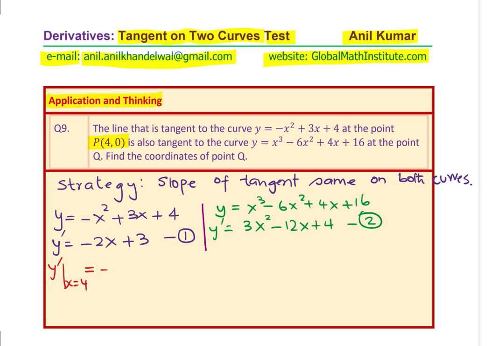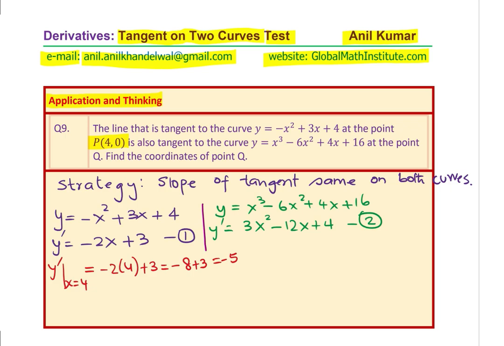Substituting 4, we get minus 2 times 4 plus 3, and that is minus 8 plus 3, which gives us minus 5. So basically, the slope is minus 5.